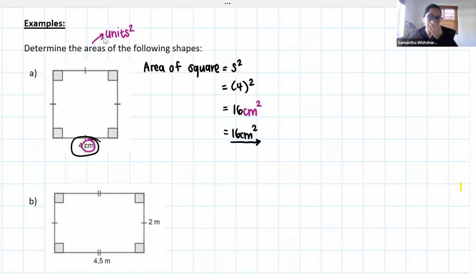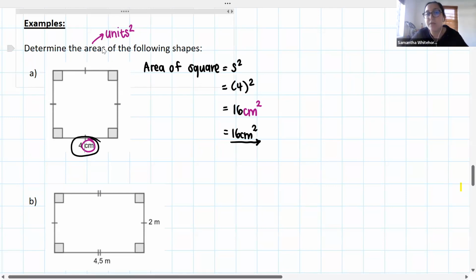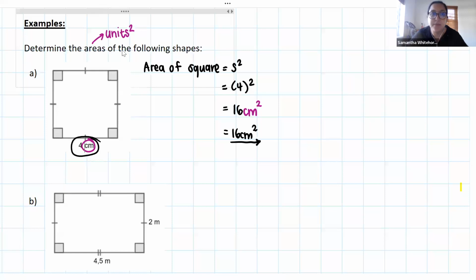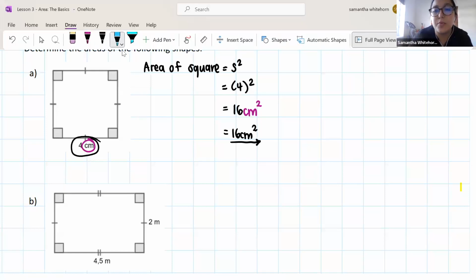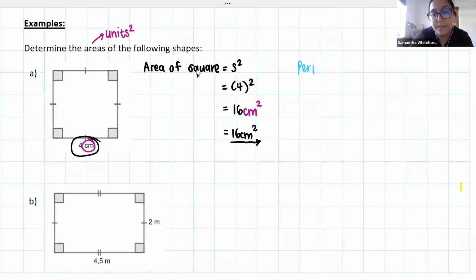Okay, so guys, can we say 4 plus 4 plus 4 plus 4? So just be careful. That would be if we wanted the perimeter. If I ask for the perimeter of the square, perimeter is talking about the outside length of my shape. And then I would definitely say 4 plus 4 plus 4 plus 4.